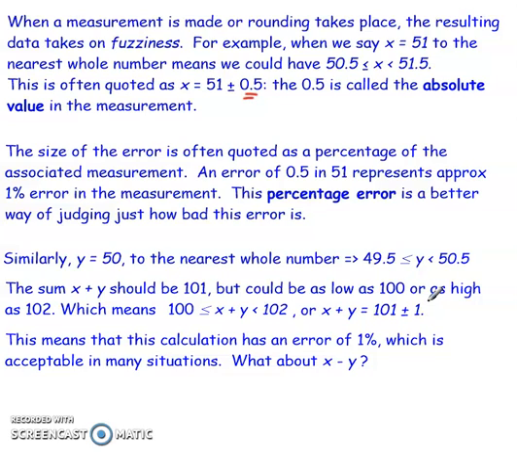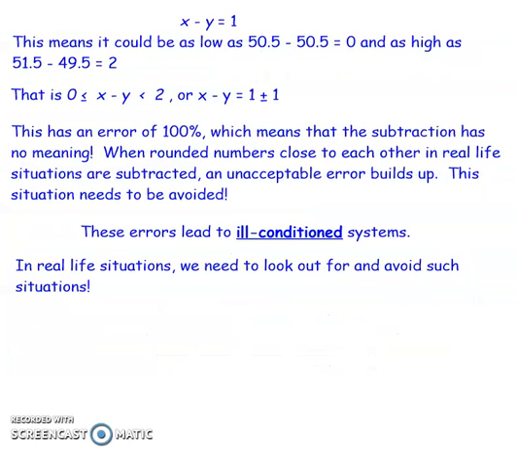But let's imagine we look at it from another perspective and we look at the value for x minus y. What would happen then? Well, if we take the rounded values, x minus y would equal 1.